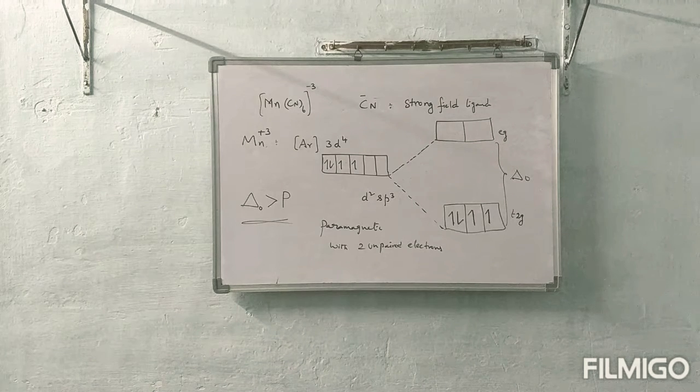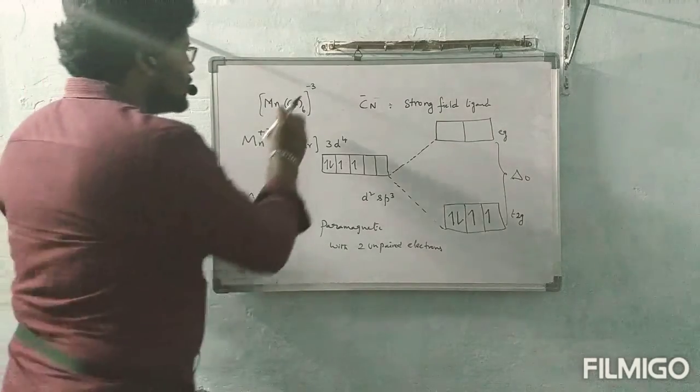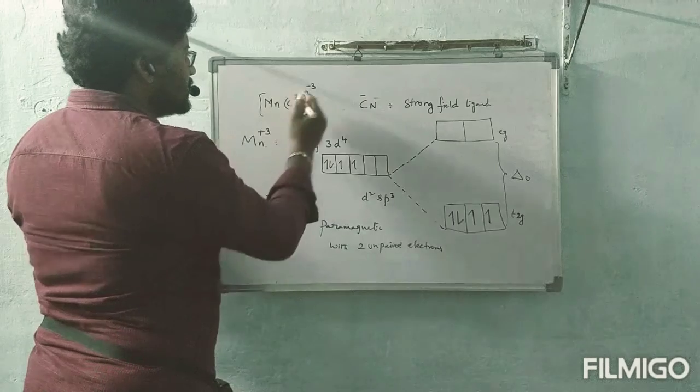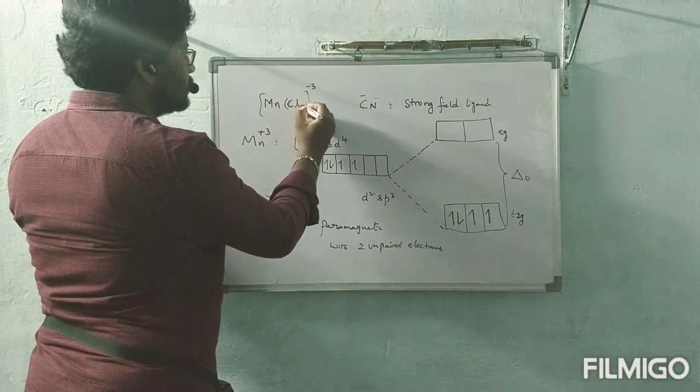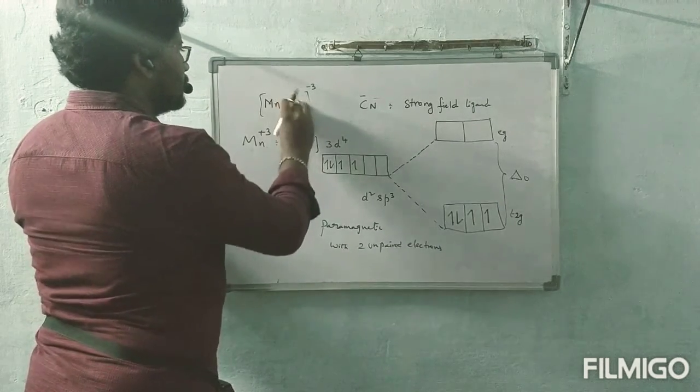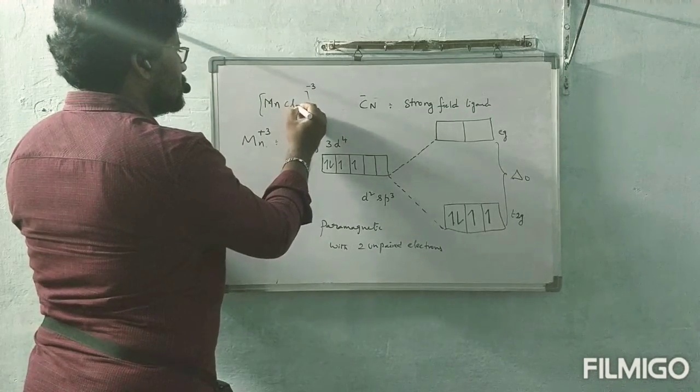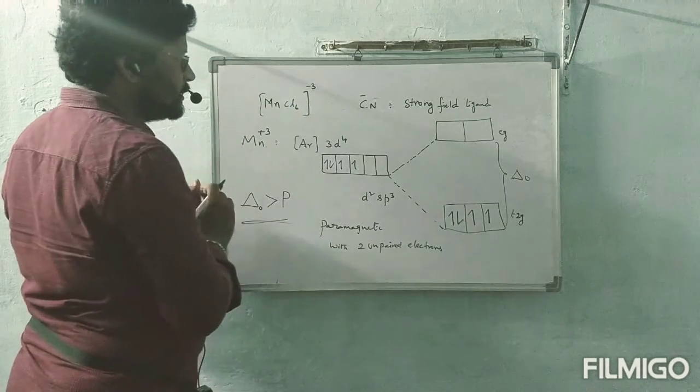Same thing if you take MnCl6 minus 3. It is not like this one. Now I'm going to tell that one also. Let us see. Same as this, MnCl6 minus 3.